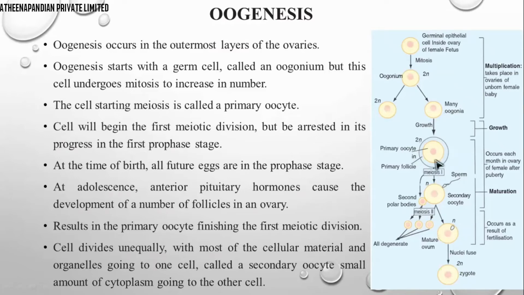In this meiosis 1, it produces a haploid cell with polar bodies. Here only one fertile ovum is produced from a single germinal cell, whereas in the spermatocyte we produce 4 sperms, and here we produce only one fertile ovum cell.